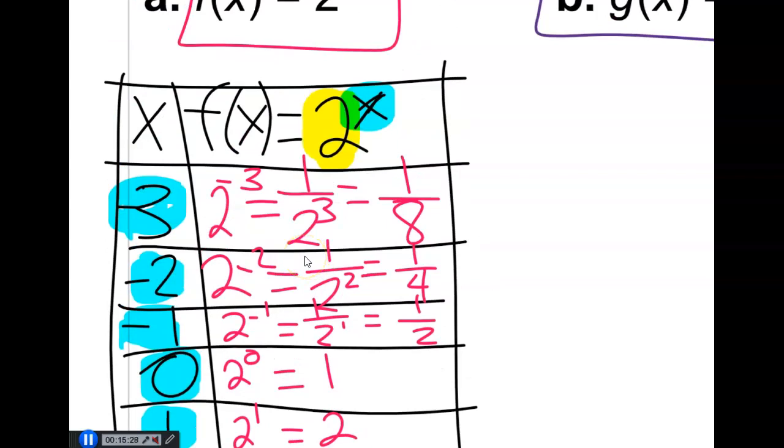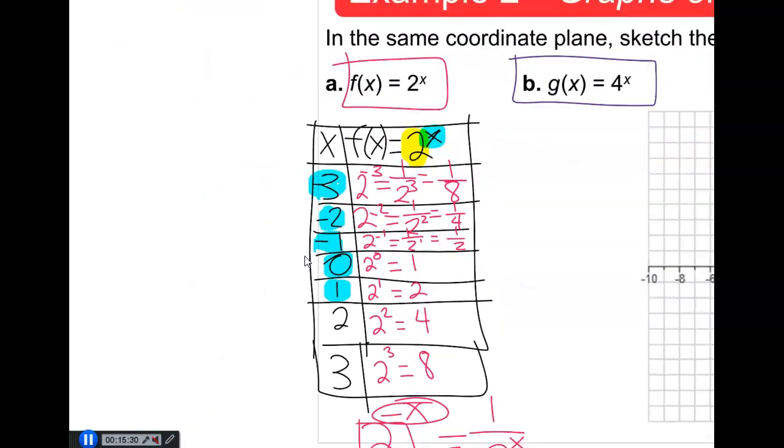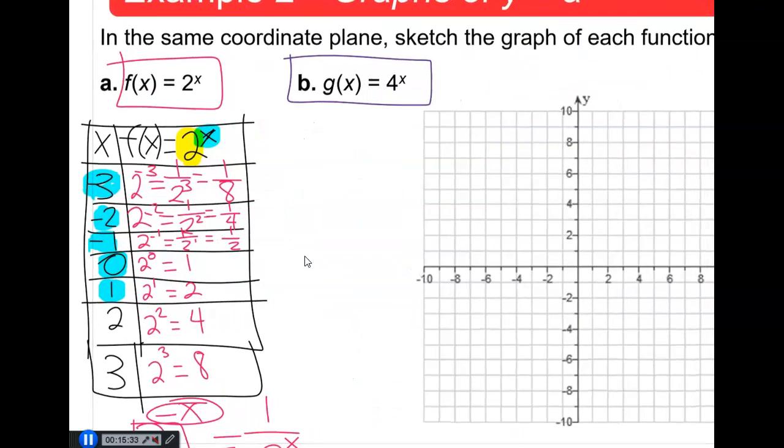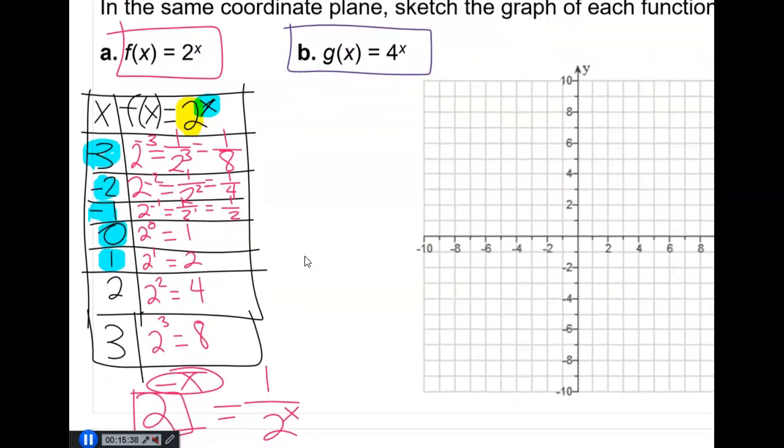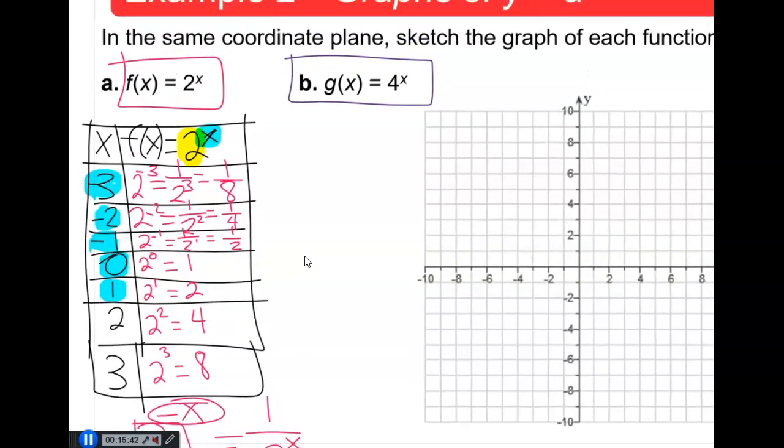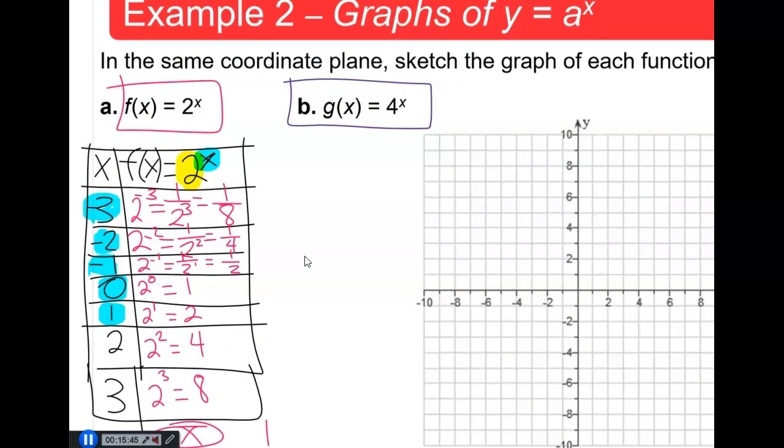And what I'm going to do, let's just write the points. I'm just going to write them here: -3, 1/8.